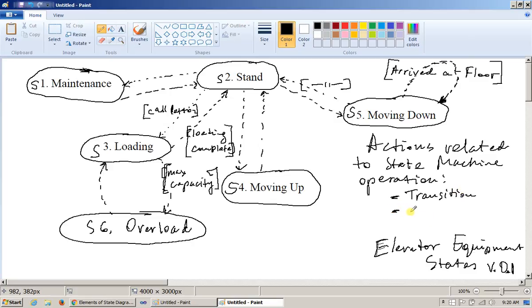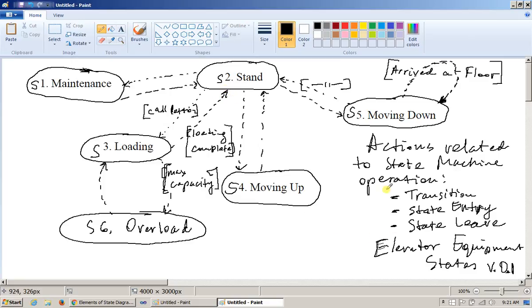Then also state entry, right? We can say that upon entry into a certain state, we want these actions. And likewise, upon leaving, state leave, right? When we're leaving a certain state, we want to perform a certain action. So when we transition from maintenance to standing, we want the doors to be closed, and we want the maintenance light to be turned off, right?